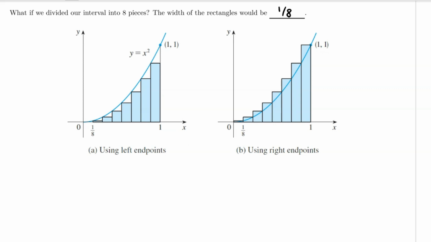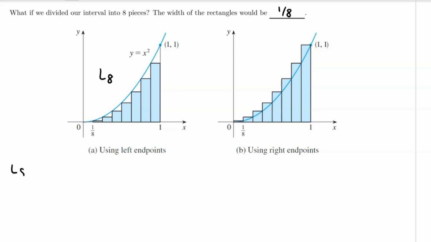In the picture on the left, if I were to add the areas of each of these skinnier rectangles all together, that sum would give me the value for L sub 8, which is the estimation for the area under the curve using left endpoints and 8 subintervals.